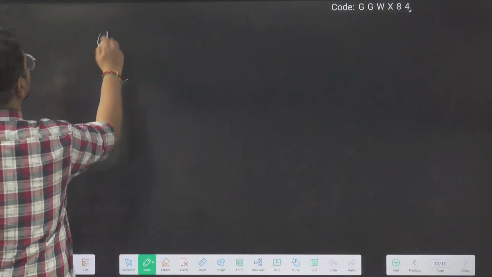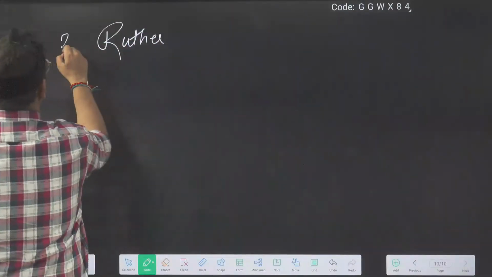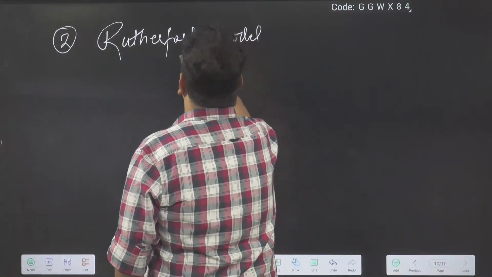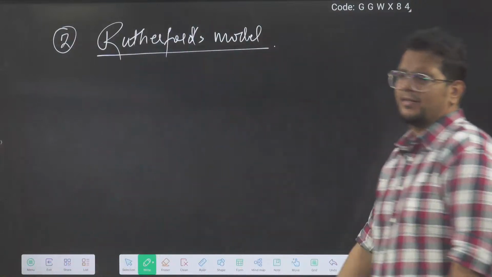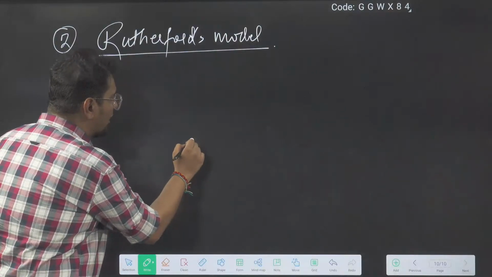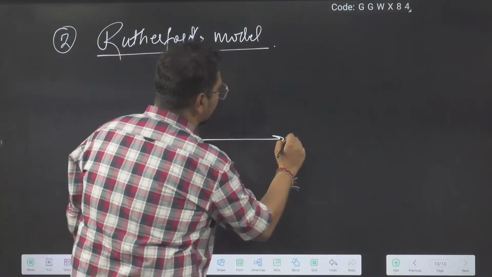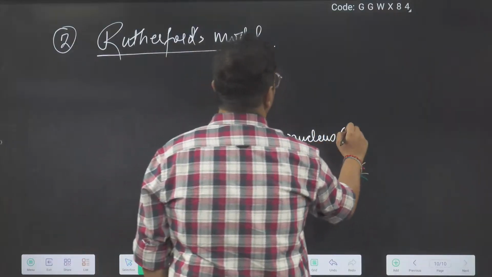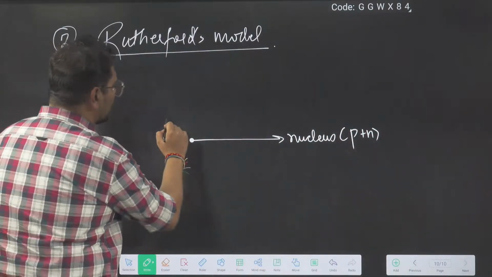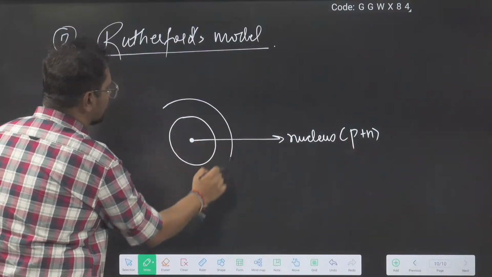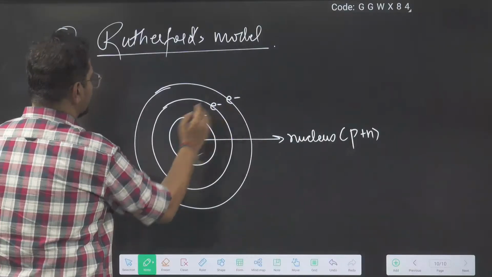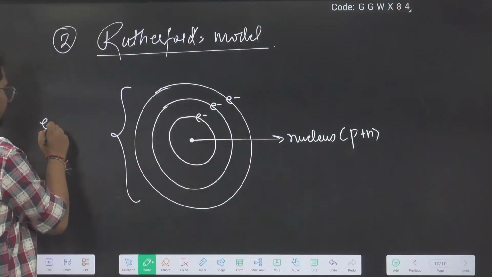Now, the second model is the Rutherford model. Now, Rutherford's atomic model we are discussing. What did Rutherford say? He said protons and neutrons are present in the nucleus. This is the nucleus, and the nucleus contains both protons and neutrons. He said electrons are revolving around the nucleus in concentric circles.